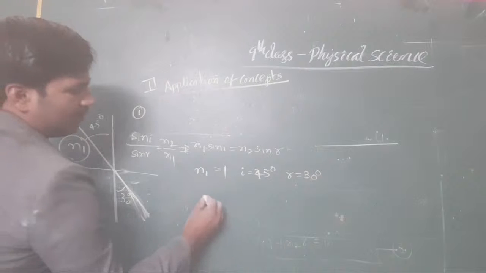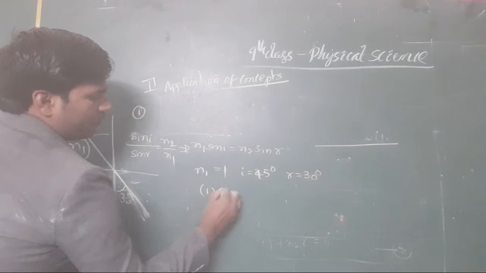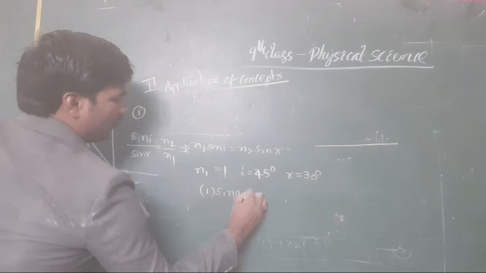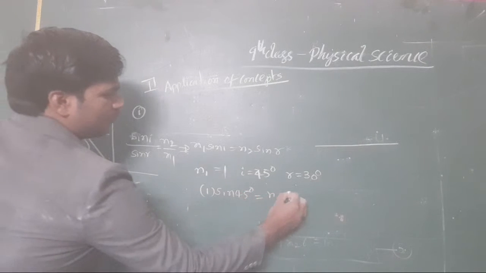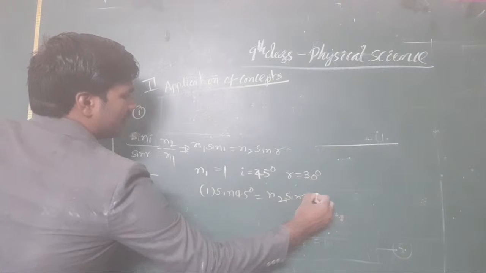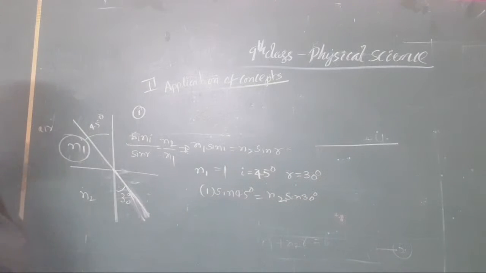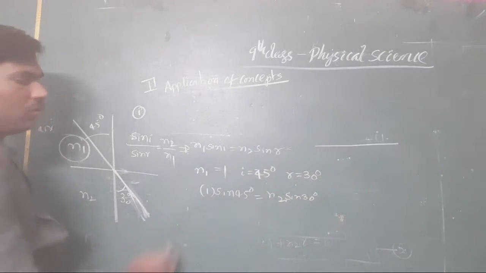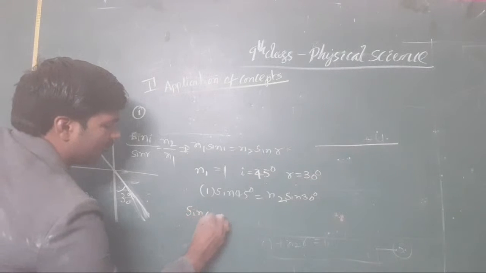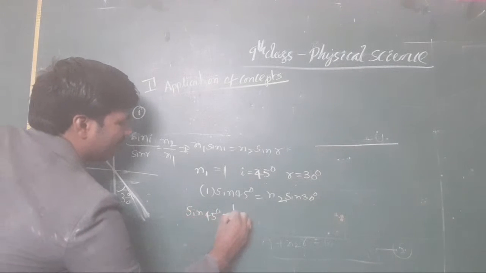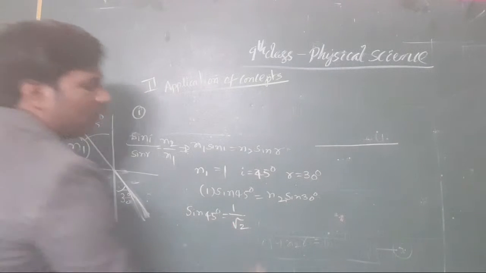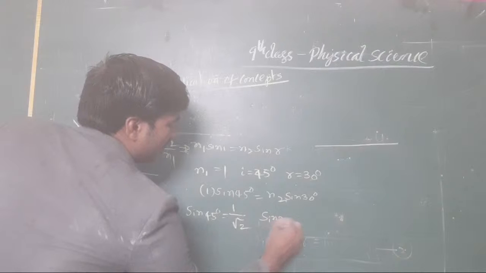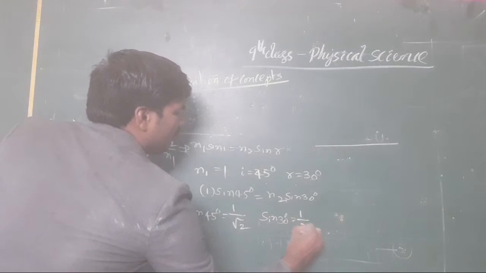Now it is written as 1 into sine 45 degrees equals N2 into sine 30 degrees. I already gave the values: sine 45 is 1 by root 2, and sine 30 is 1 by 2.